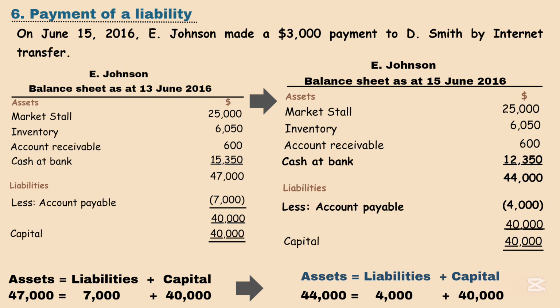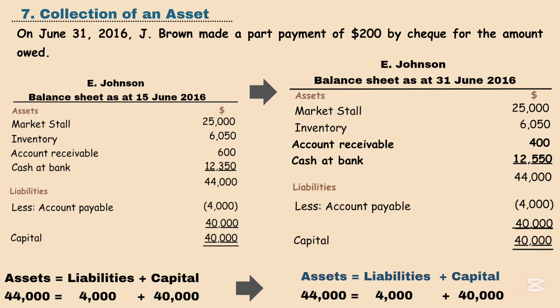Accounts payable decreases by $3,000. The accounting equation remains balanced because cash and asset decreased by $3,000 and accounts payable liabilities also decreased by the same amount.